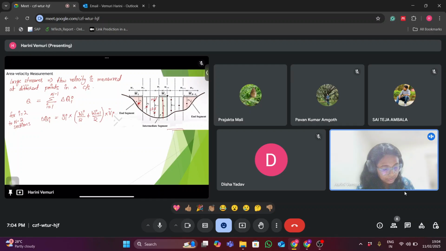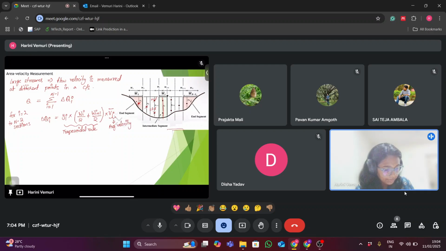Okay. So this is the area of the cross section calculated using the trapezoidal rule, and this is the average velocity.